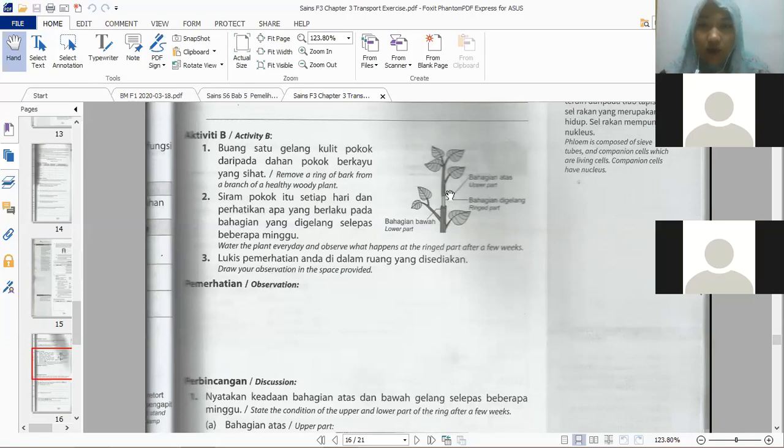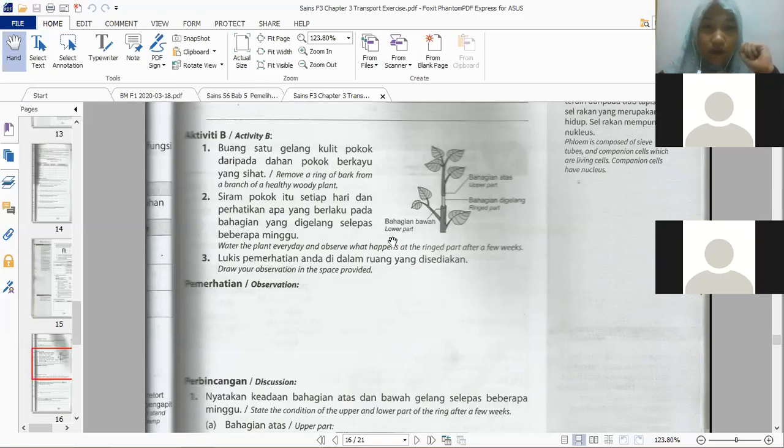So that's why you see two parts in the stem. So you remove the outer part only, because the inner part contains new cells or xylem only. If you do that, the plant can still transport water because the xylem is not damaged. They only damage the phloem.